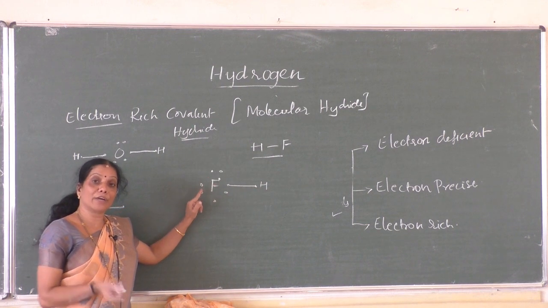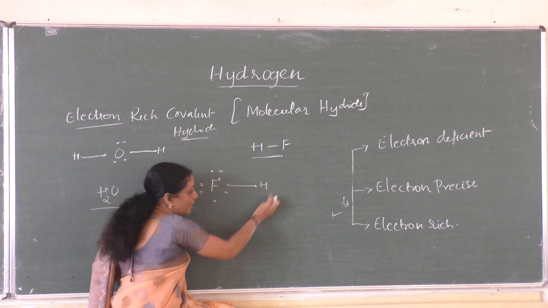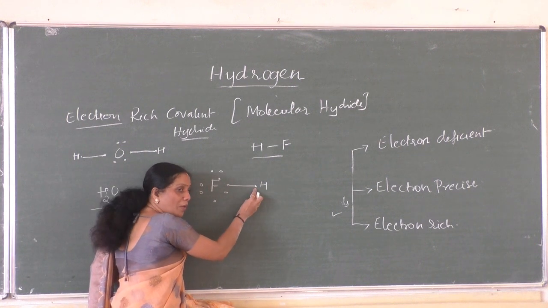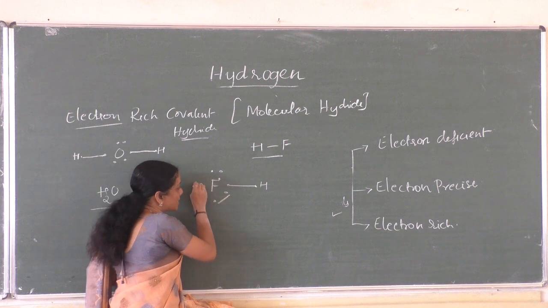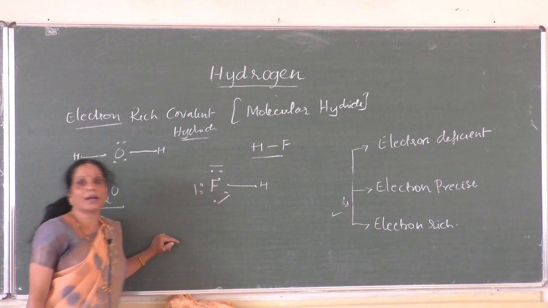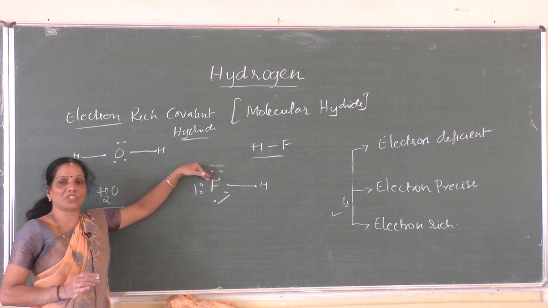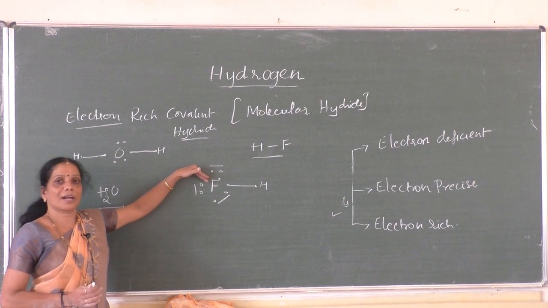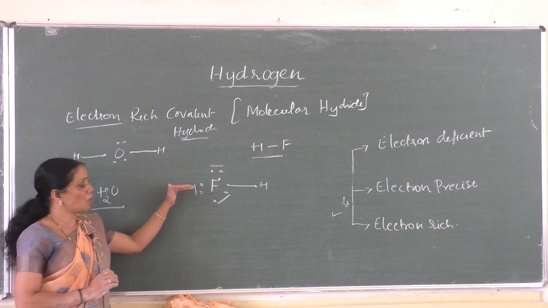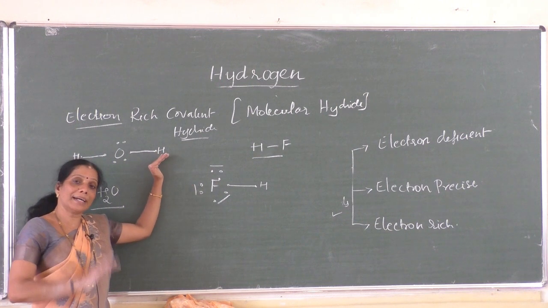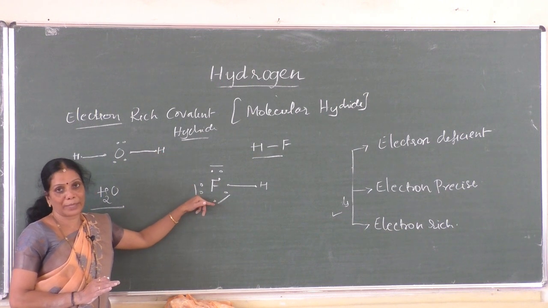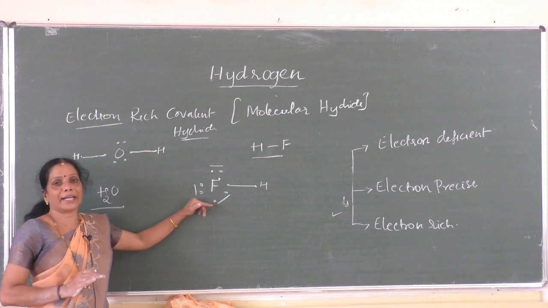If you consider this hydride of fluorine, only one covalent bond is there. How many lone pairs of electrons are there here? 3 pairs. That means this complete hydride is in which state? Electron rich state. Understood? Therefore, it is always called what? Covalent hydride, since it involves the covalent bond, or molecular hydride.